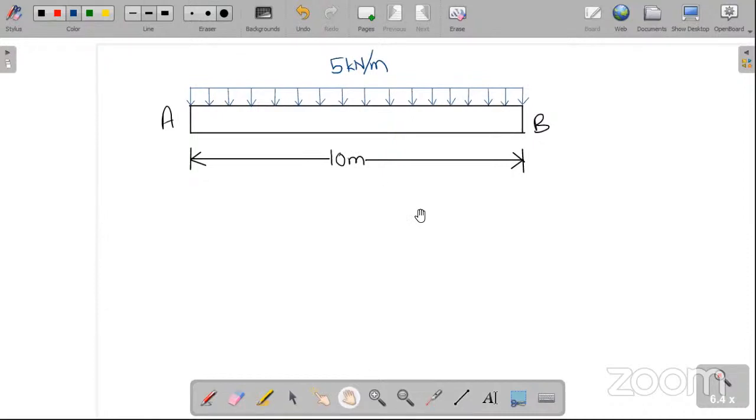Just ignore the self weight of the beam, and tell me what is going to be the maximum shear force and maximum bending moment. Let's see who gets it right. I'm giving you some time for this. Is there any other information you want? You can also let me know. Tell me. Let's see who gets this right.